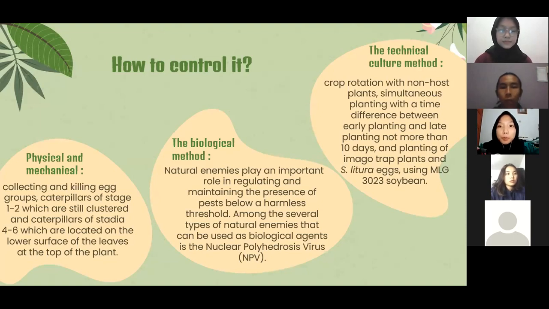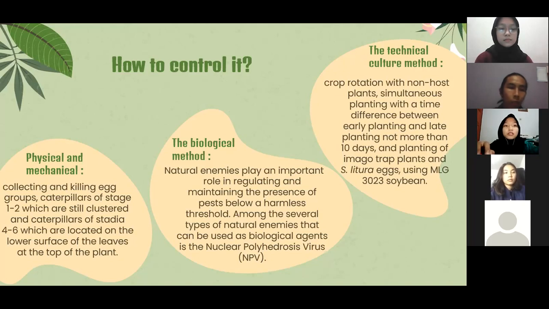The biological method. Natural enemies play an important role in regulating and maintaining the presence of pests below a harmless threshold. Among the several types of natural enemies that can be used as biological agents is the nuclear polyhedrosis virus or NPV.